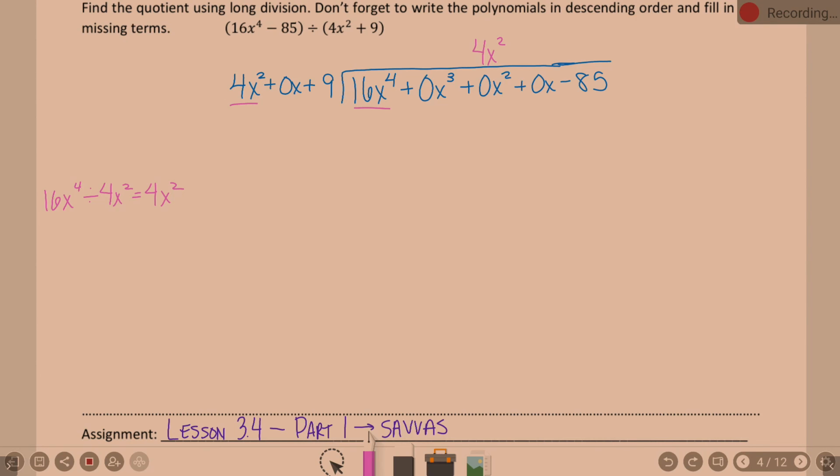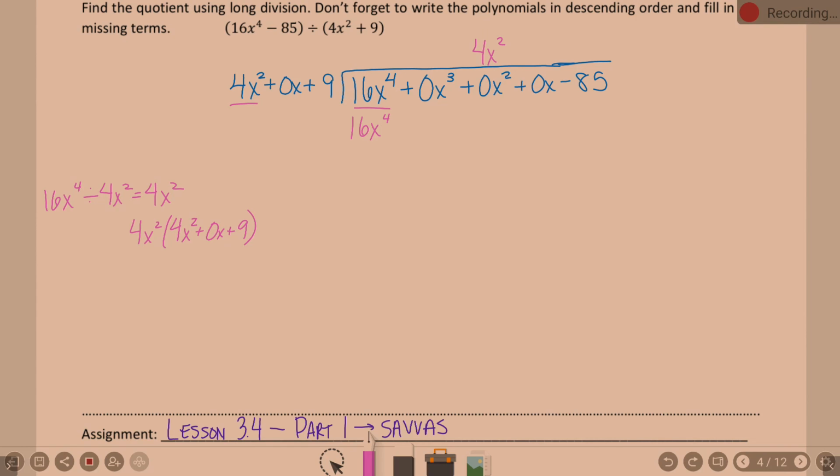What do I do with this 4x squared? We're going to multiply. We're going to take that 4x squared and distribute by 4x squared plus 0x plus 9. 4x squared times 4x squared is 16x to the fourth. 4x squared times 0x is 0.